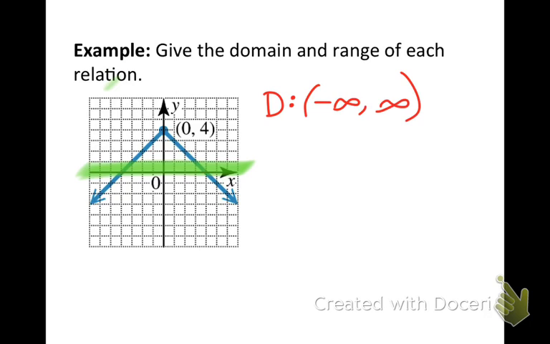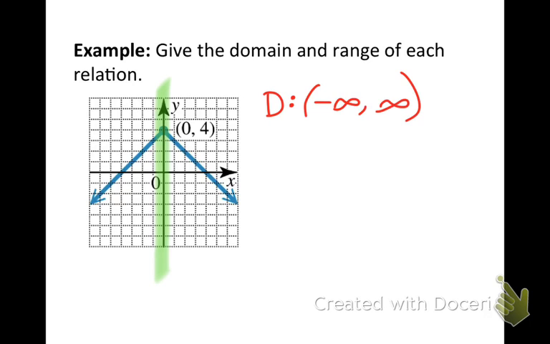So now let's do the same thing for the range. Your y-axis goes up to down, or down to up, whichever way you want to think about it. So when we do x, we start smallest to largest. Where's my smallest value on a y-axis? Top or bottom? The bottom. Do I ever have a bottom of this graph for my y's? As this line goes out, will my y coordinates ever stop?